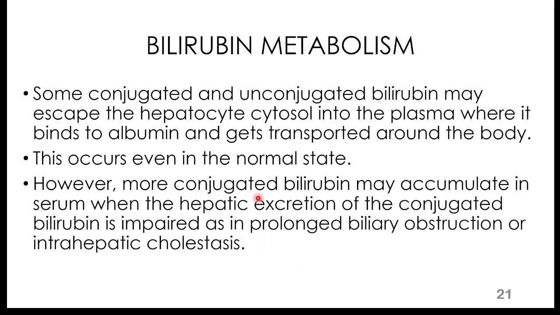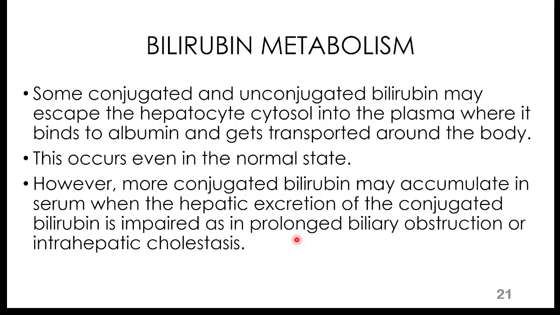However, more conjugated bilirubin may accumulate in serum when the hepatic excretion of the conjugated bilirubin is impaired. So, in the normal state, even some conjugated bilirubin will escape back rather than moving into the bile duct. It might move back into the sinusoid and enter back into the circulation.